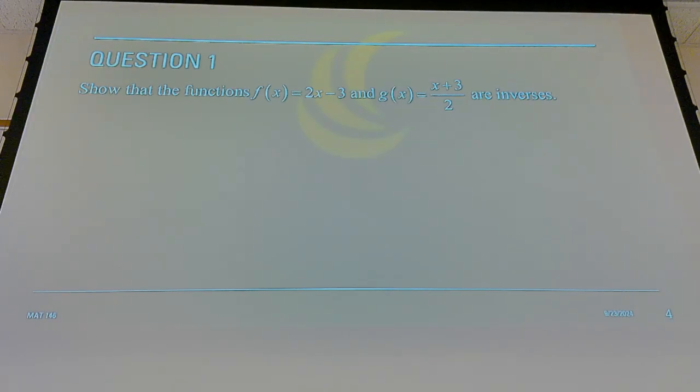That means we have to show that f of g gives you x, the identity function, and g of f gives you the identity. Remember how to find composition of functions.